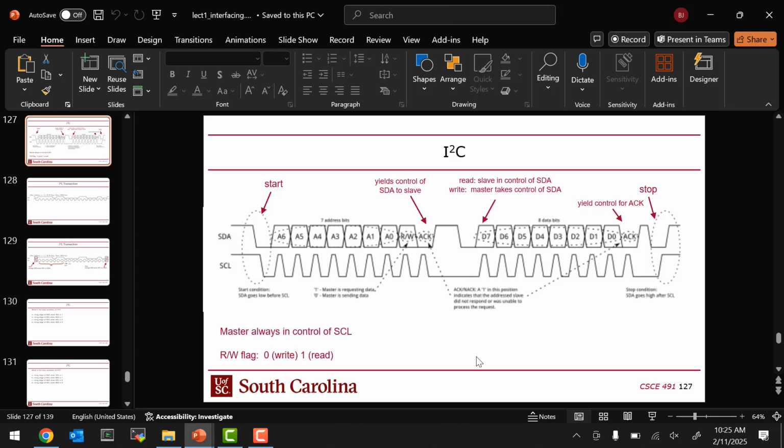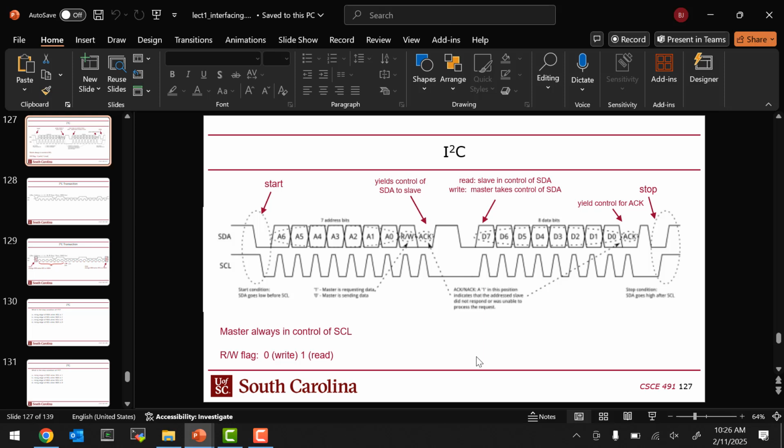Where that goes is when you write, you write the device address first, then you set the read-write bit to be write. Then the second 8 bits that you send over are going to be the register address on the sensor you want to write to, and it'll recognize that.